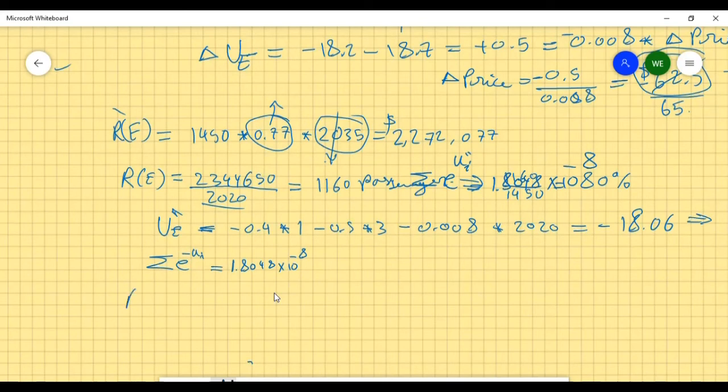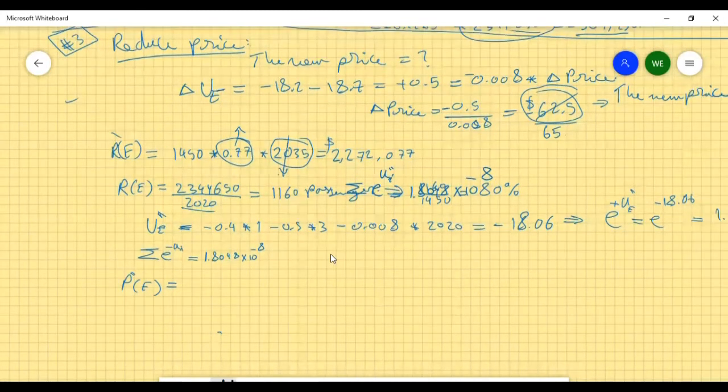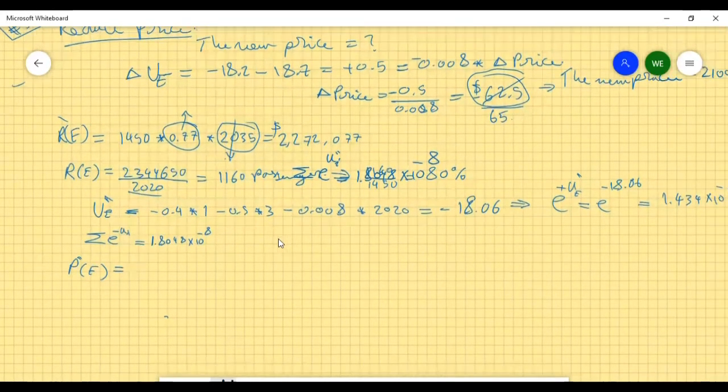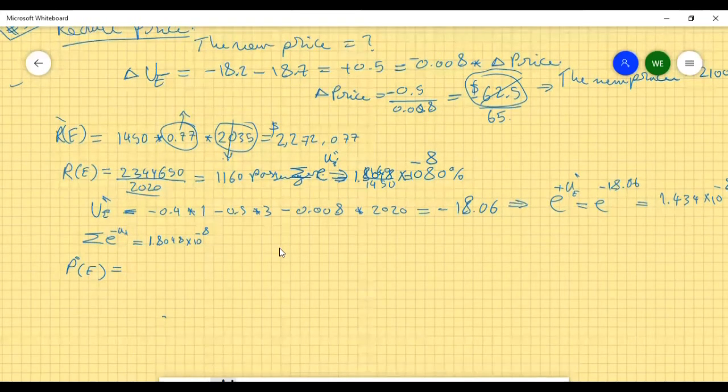So the proportion of passengers that will now be using Eastern Airline is going to be 1.434 multiplied by 10 to the power minus 8 divided by 1.8048 multiplied by 10 to the power minus 8.